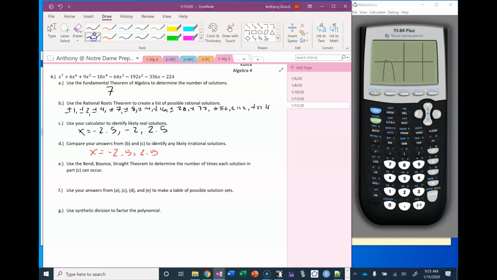So the bend, bounce, straight. Well, these two guys are definitely straights, so they're only used one time. What about negative 2? What is that? Yeah, that guy's a bend. So how many times can it be used?